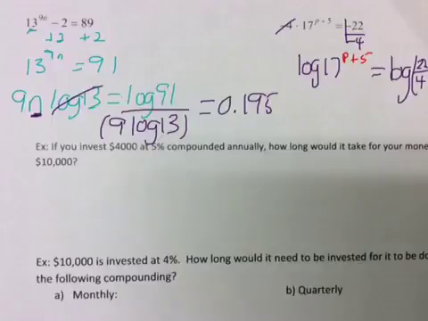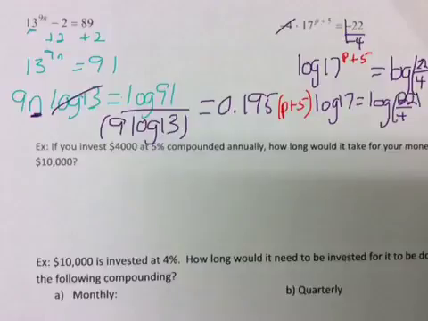Okay, and then we put our exponent out in front, so we have p plus 5, and then log 17 equals log 22 over 4.